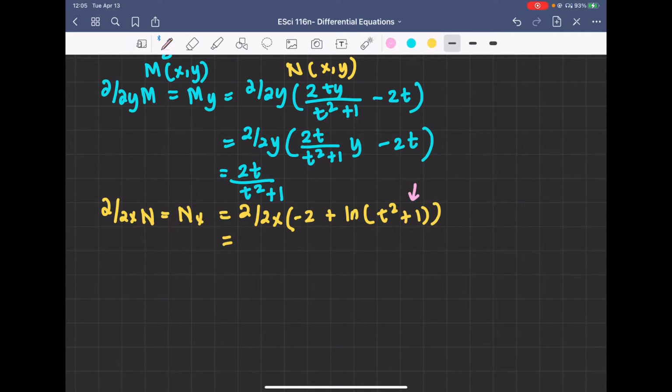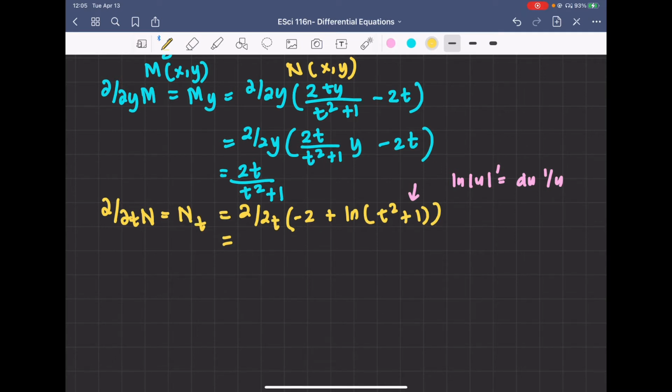If that's ln u, deriving that is du times 1 over u. So what's the derivative of t squared plus 1 with respect to x? Oh, sorry, we have to replace this with respect to t.